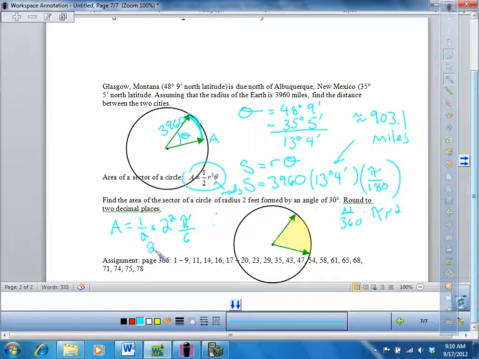Which gives you 2 pi over 6, which is pi over 3 square feet. Okay? You understand that? Just plug it into this formula. R is 2, square it, divide by 2, and theta is the angle in radians. And that's the way you do it. And there's all your homework.